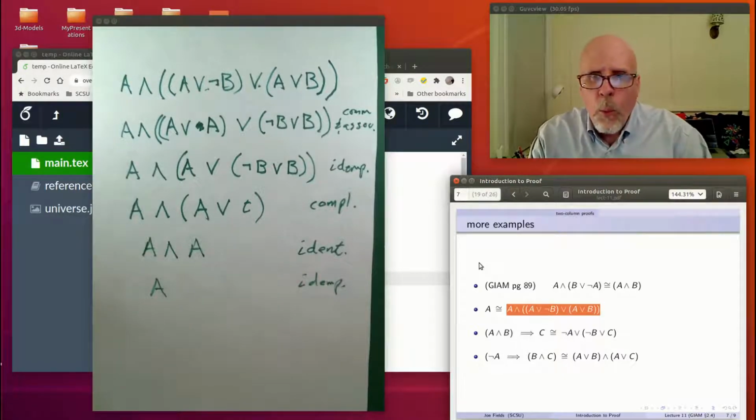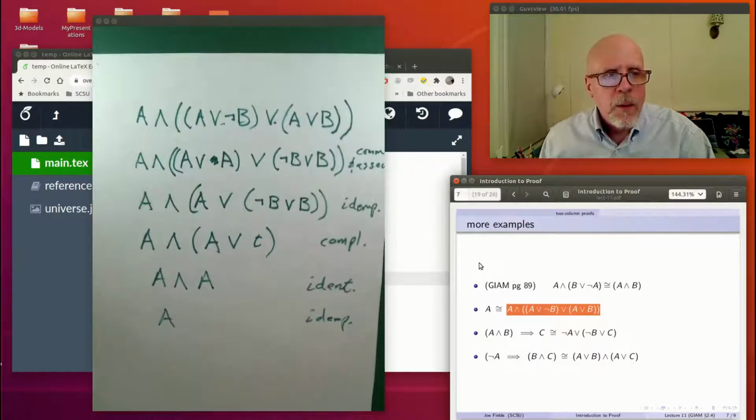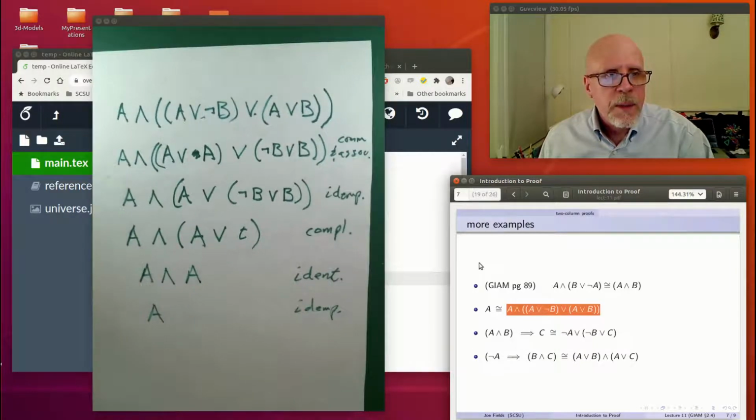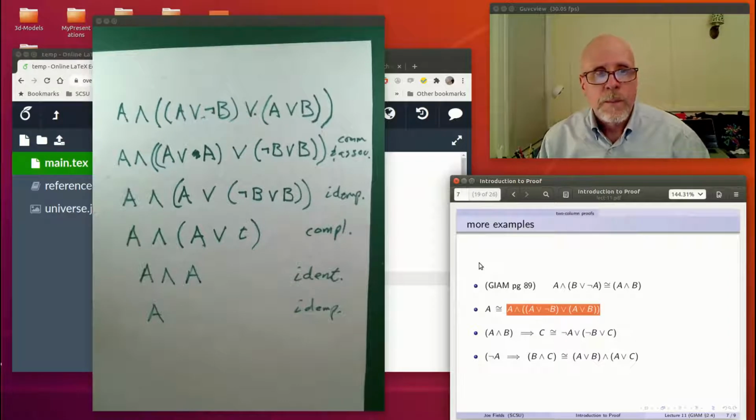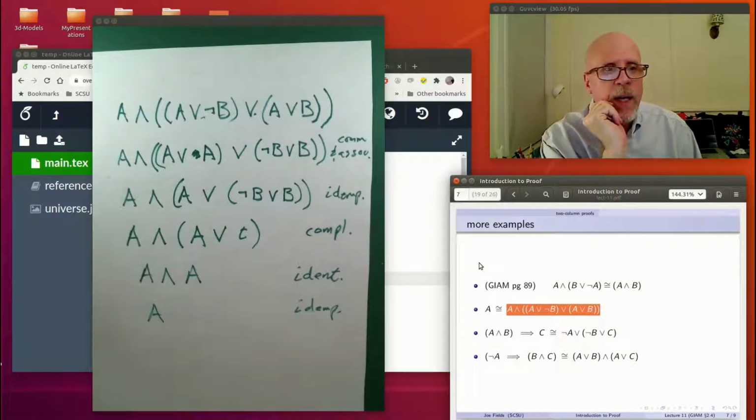A moment, I think, about this first step that I did. I went from A or not B in parentheses, or with A or B in parentheses. If you were asked to do it in an entirely step-by-step fashion, could you? You should see the commutation that we really needed to have happen.